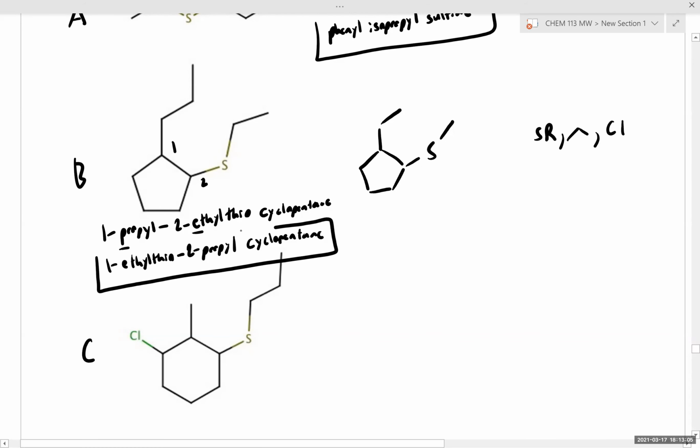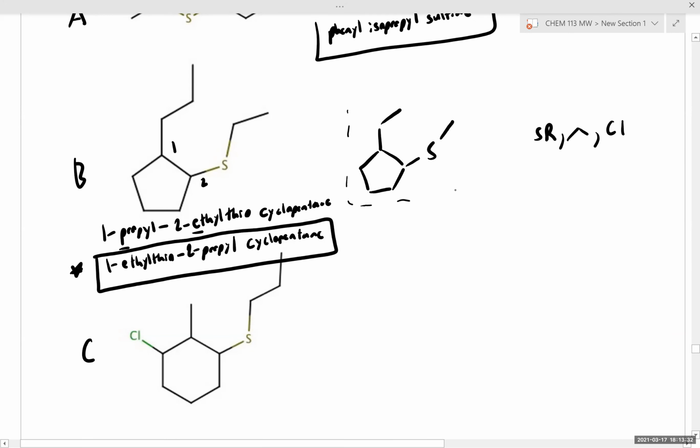So this second name would be preferred. So to really illustrate this idea that when you're comparing thio or alkylthio groups and alkyl groups, it comes down to alphabetical order, let's try to apply what we've learned and let's name this second compound.